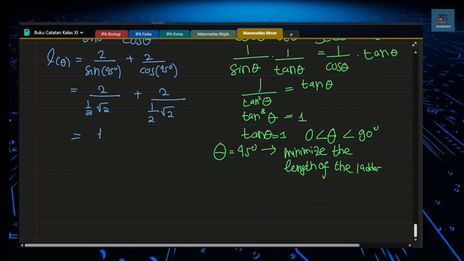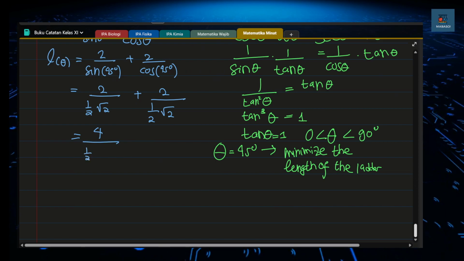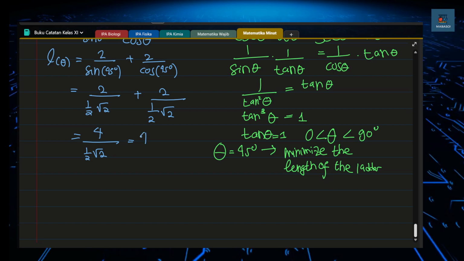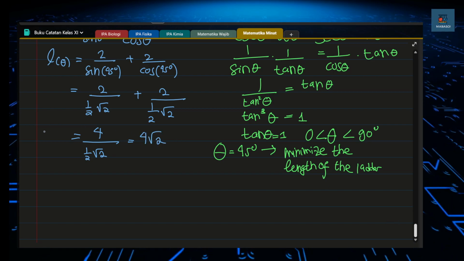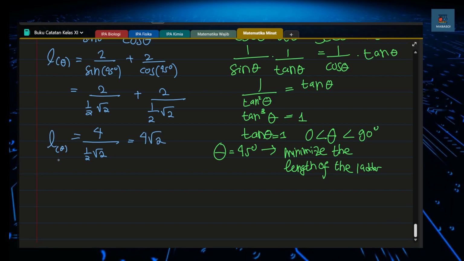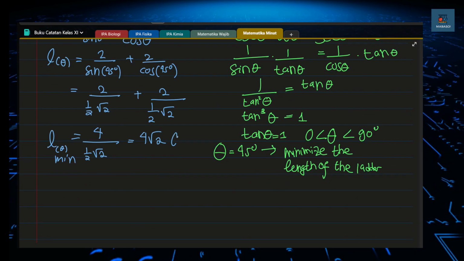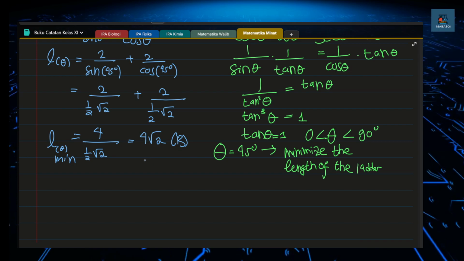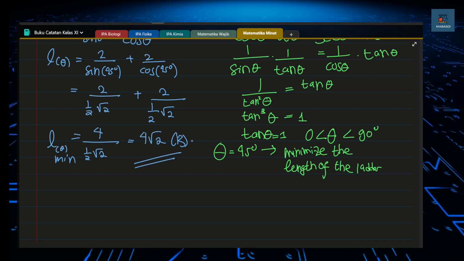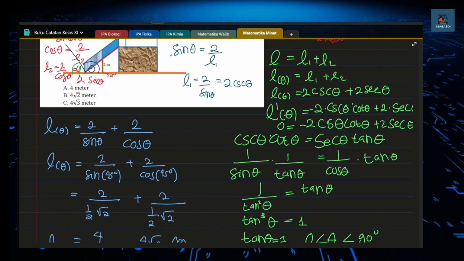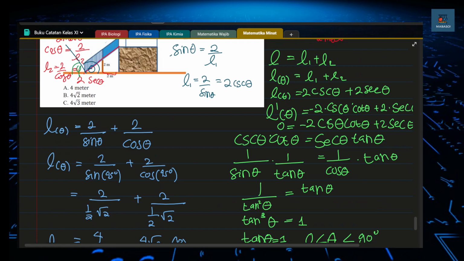We could do some simplification here, 2 over a half root of 2, and this would be 4 root 2. And this is the minimum length. So your answer will be 4 root 2 meters.